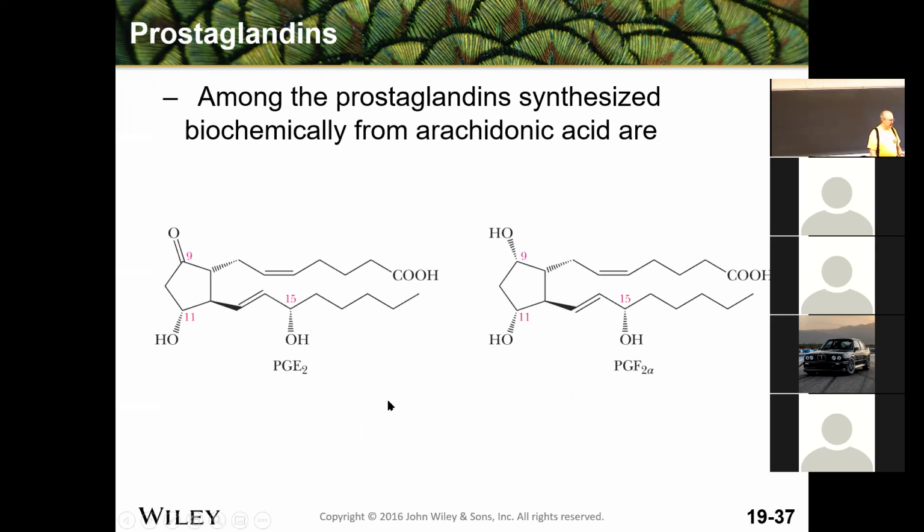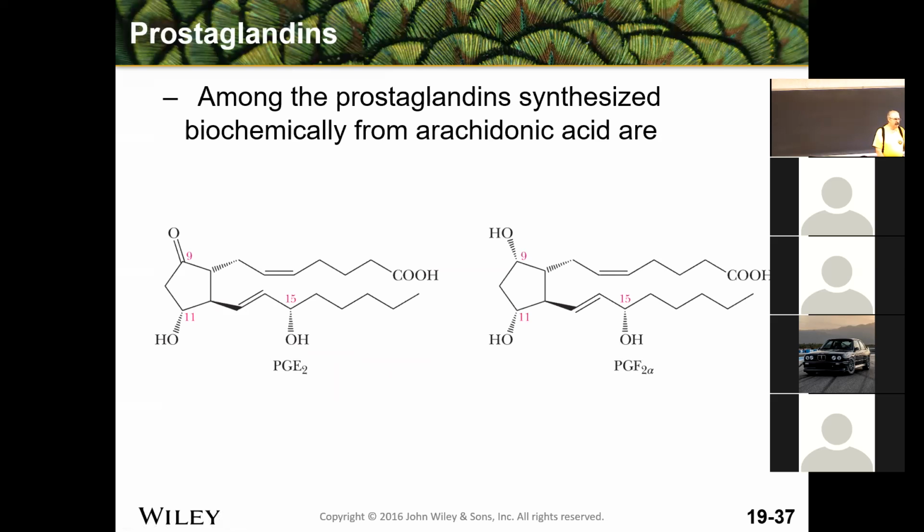Okay, these are a couple of examples of prostaglandins. These letters indicate a number of different things, like the different functional groups, where the double bonds are located, and various things like that.